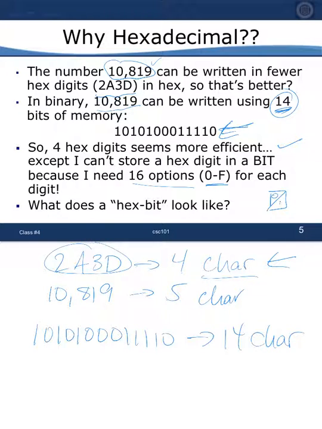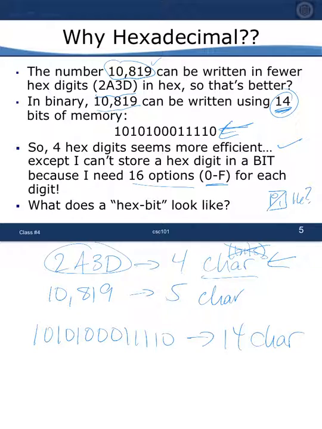A bit is ready to store a 0 or a 1, and that's it. So I don't have 16 options in a bit. I don't think I can store 2A3D. I can't store this in 4 bits. That's not correct. I can't say that.